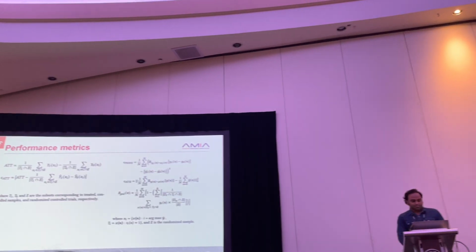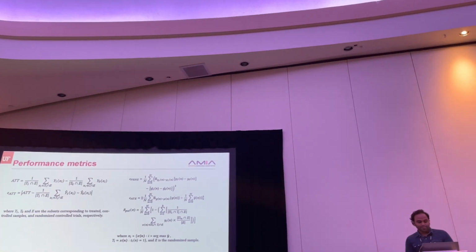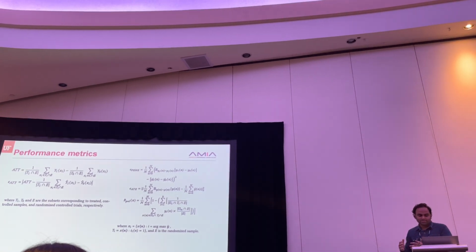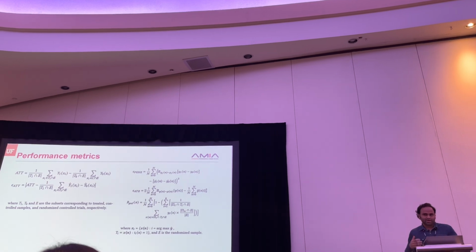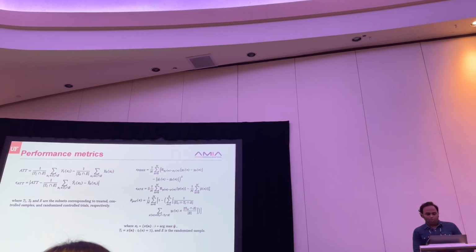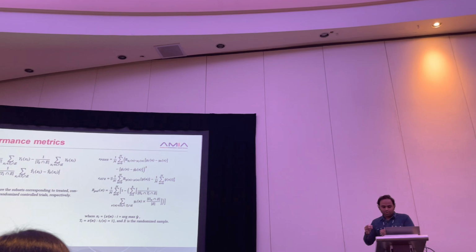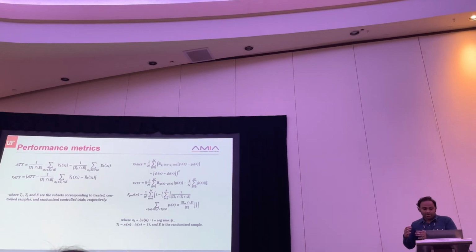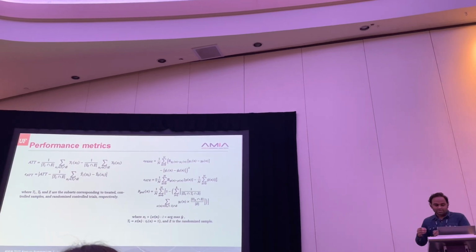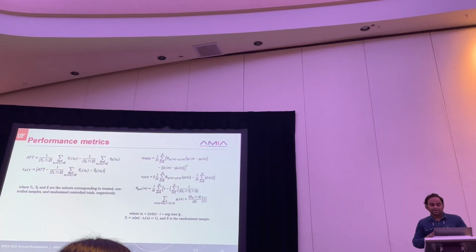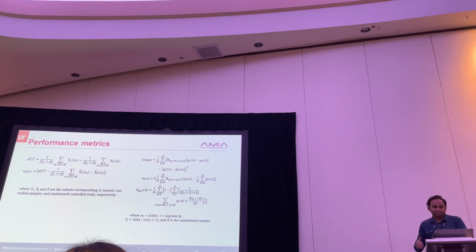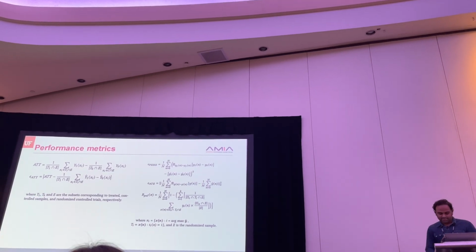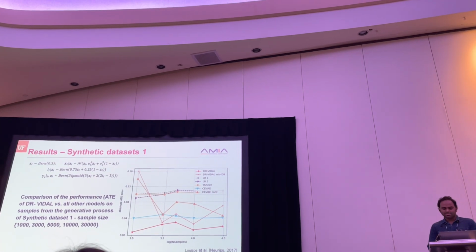Now, this ATT, which is the average treatment on the treated, and the policy risk, these two metrics are used for real-world datasets like Jobs and Twins, where we don't have access to the counterfactual outcomes, whereas the precision in estimation of heterogeneous effect and average treatment effect are used to estimate the differences between the true causal effect and the estimated causal effect, where we have access to the counterfactual outcomes for the simulated dataset. So let's see some of our results.